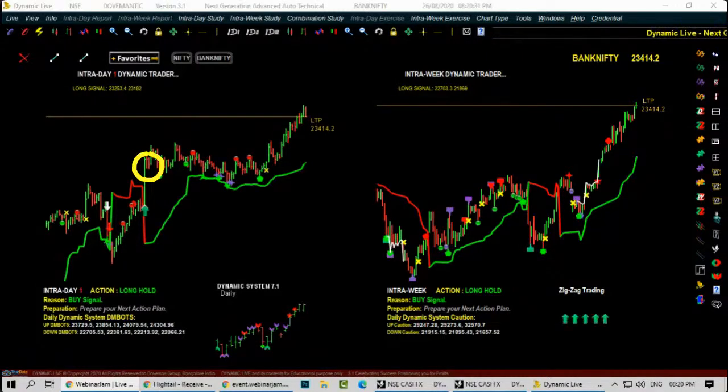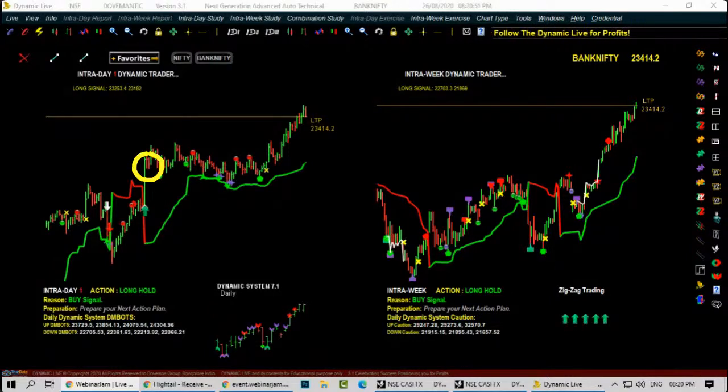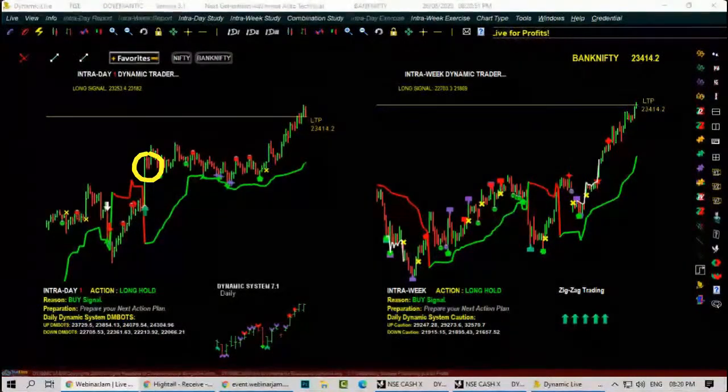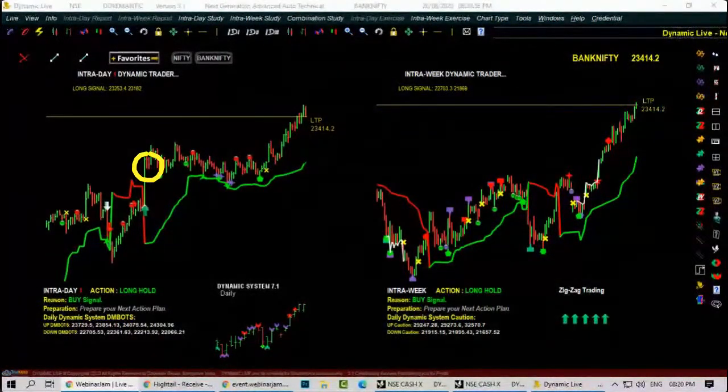Now if you look at the short trade, I had got into, if I'm not wrong, a 23,300 strike price put option, which was at around 160 rupees, wherein the entry was made. And then by the time intraday one long signal gave me a buy, I happened to exit the put option somewhere at around 128 rupees. So it is hardly a 32 points minus there.